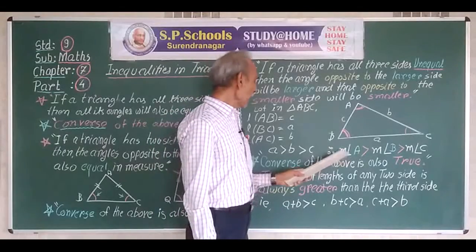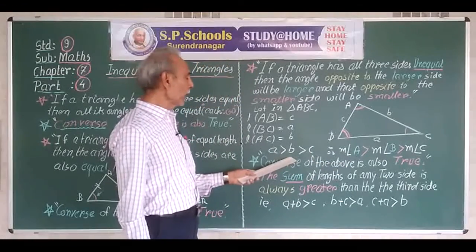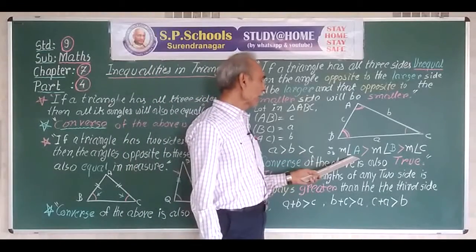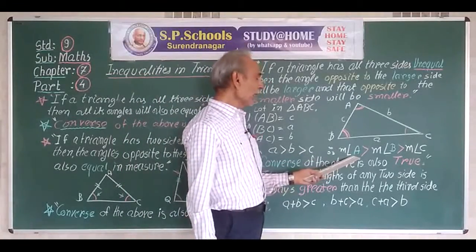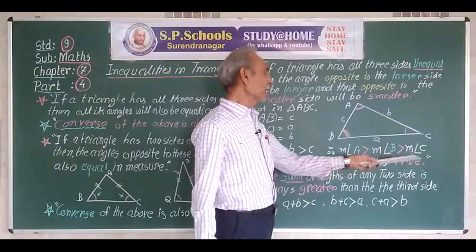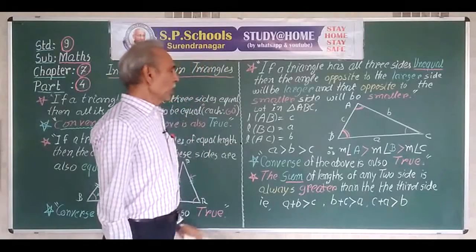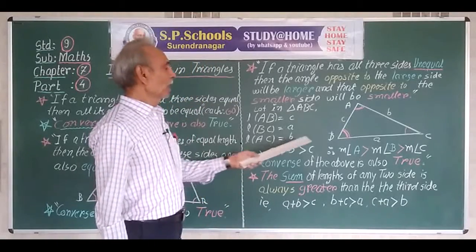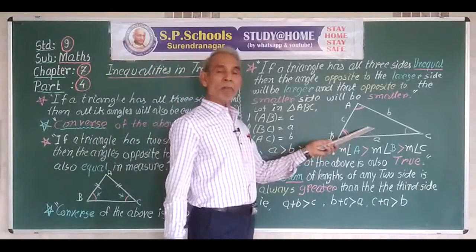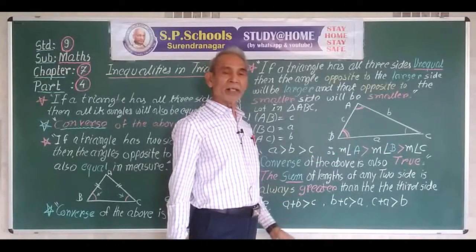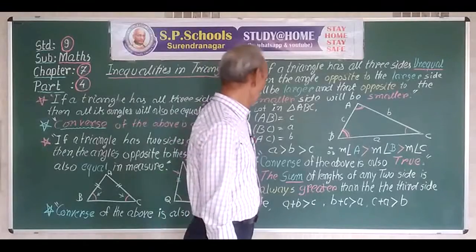Therefore, if it is given a greater than b greater than c, then we can say that measure of angle A is greater than measure of angle B is greater than measure of angle C. It is a very plain fact that the angle opposite to the largest side is the largest.